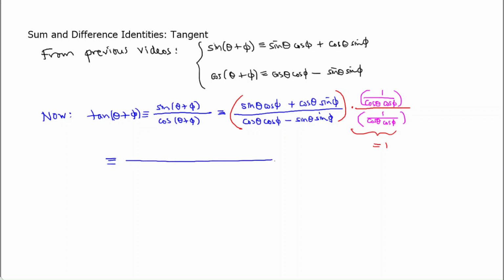Now let me use the distributive rule through the numerator and the denominator. So I have sine theta cosine phi, and then this distributive rule, 1 over cosine theta cosine phi. And then I have my other term in the numerator, cosine theta sine phi, and then again this distributive rule, 1 over cosine theta cosine phi.